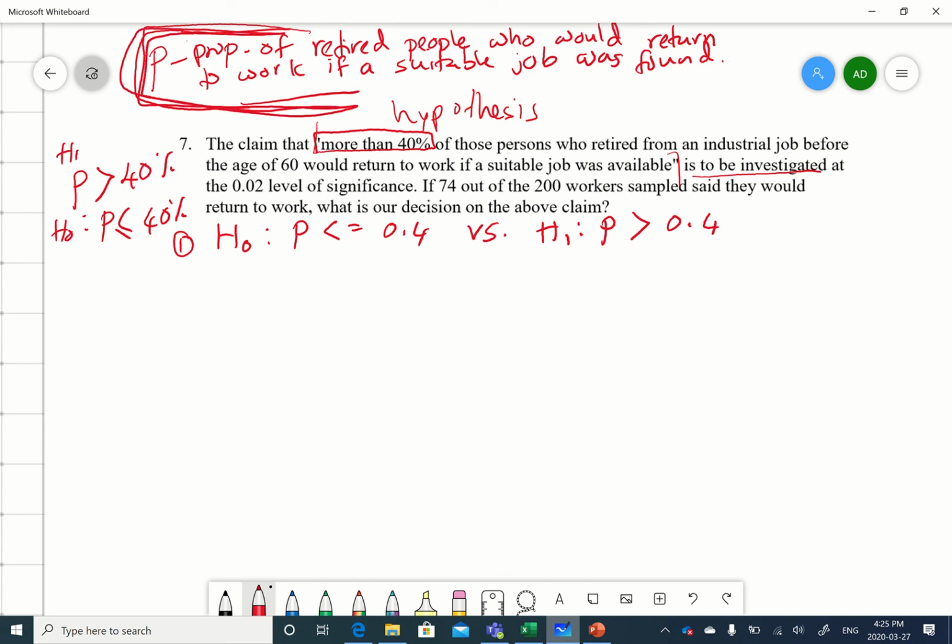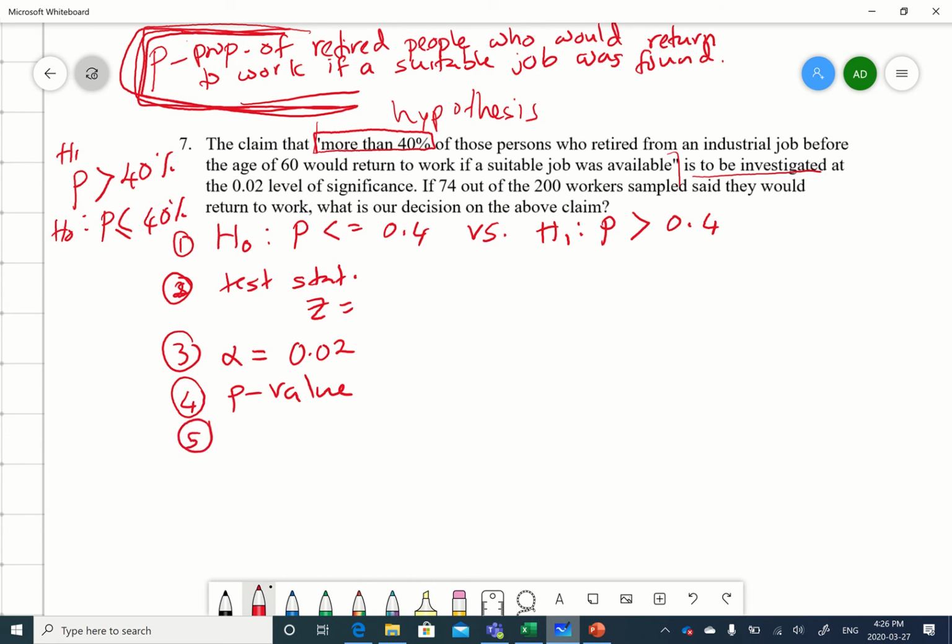Then step 2, test statistic. We don't have options here. It's always a z-value for proportion. Step 3, alpha, 0.02 it's given. And step 4, p-value, still don't know.